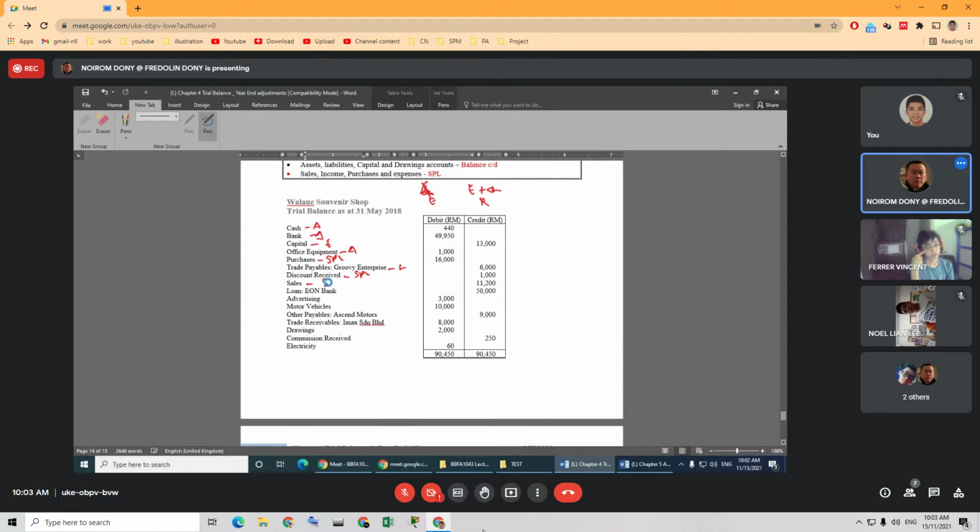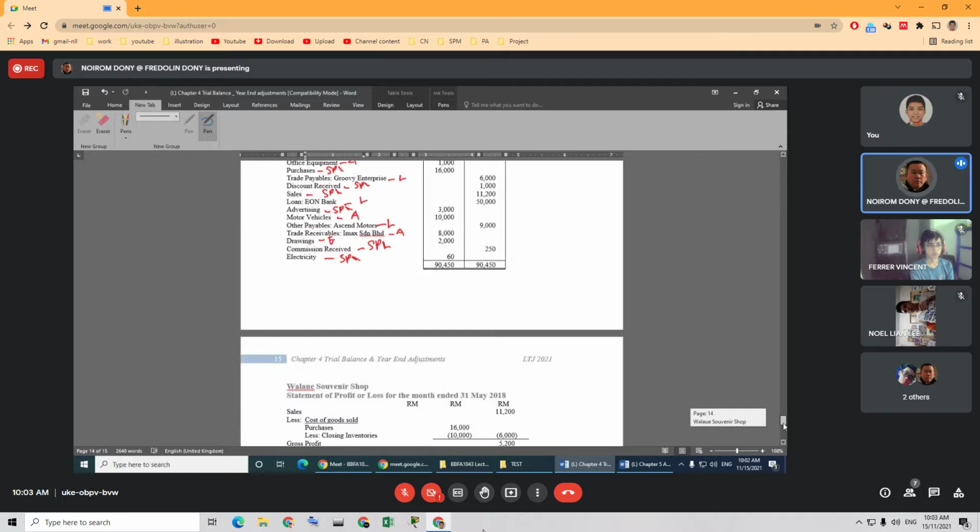Sales income, SPL. Loan liability, SOFP. Advertising expenses, SPL. Motor vehicles is an asset, so SOFP. Other payable, liability, SOFP. Trade receivable an asset, SOFP. Drawing under equity. Commission received, revenue under SPL. Electricity under SPL.